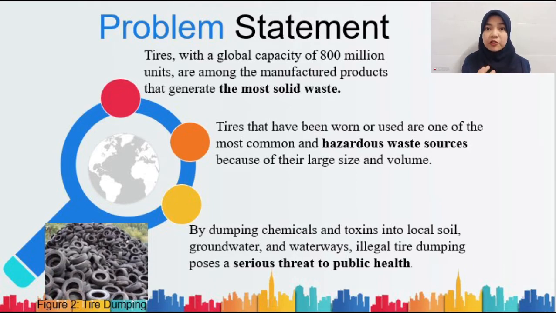Previously, most industrial waste such as used tires was considered unusable. Millions of tires are recycled, thrown away or buried every year around the world, creating a great environmental threat. Furthermore, by dumping chemicals and toxins into local soil, groundwaters and waterways, illegal tire dumping poses a serious threat to public health.